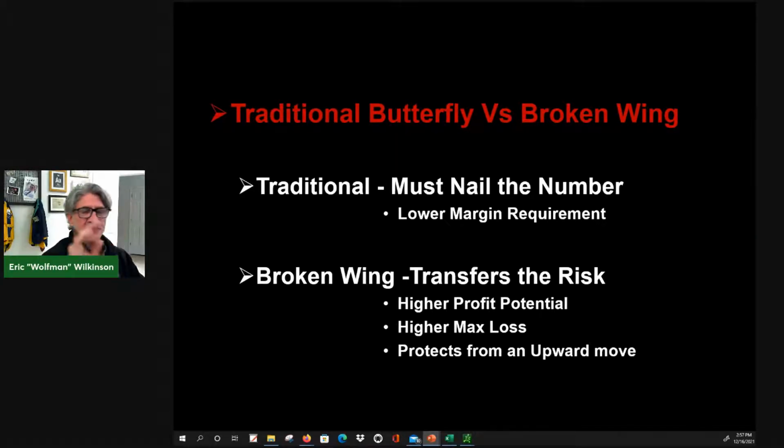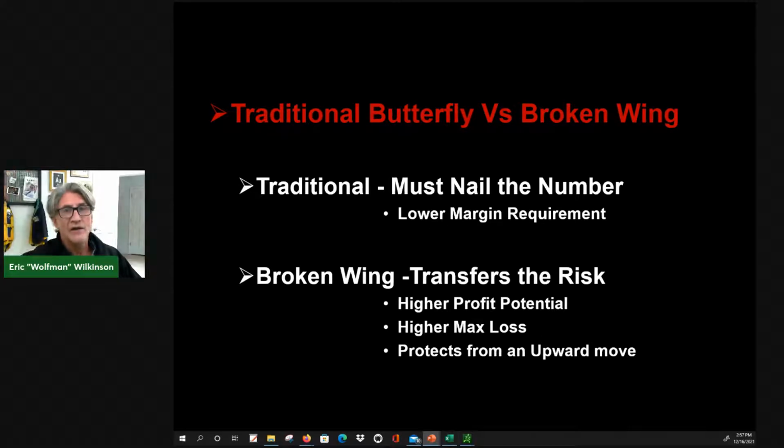Now, the traditional butterfly, you have to nail the number, right? You have to hit it right there on that peak in order to be successful with this strategy, which is very difficult to do, which is why I like to have a little bit of wiggle room with my strategies. So I don't love the butterfly unless I've got a very confident market neutral assumption.